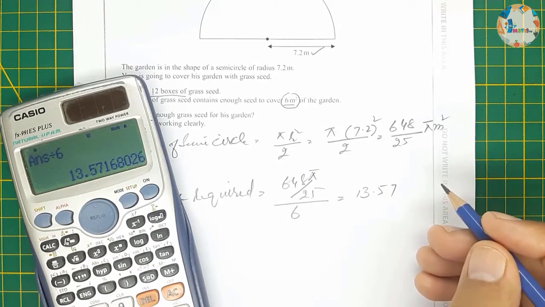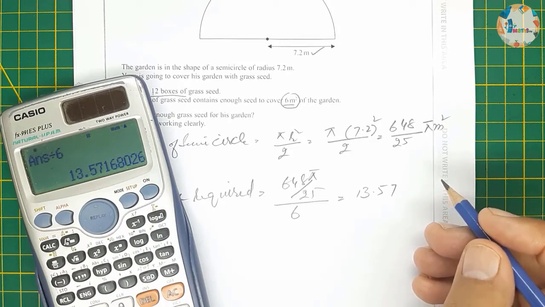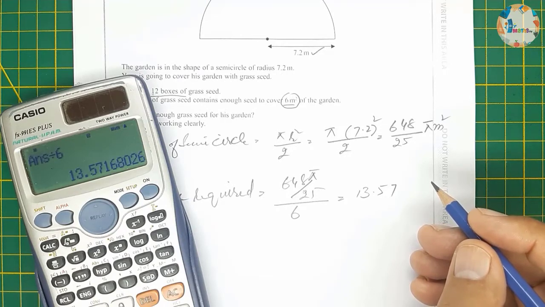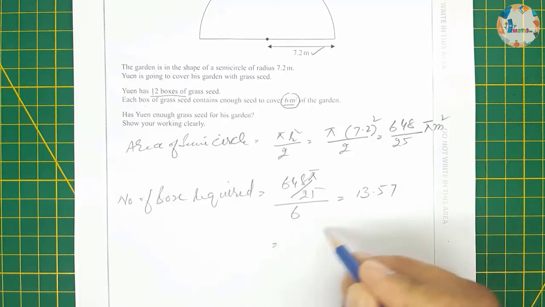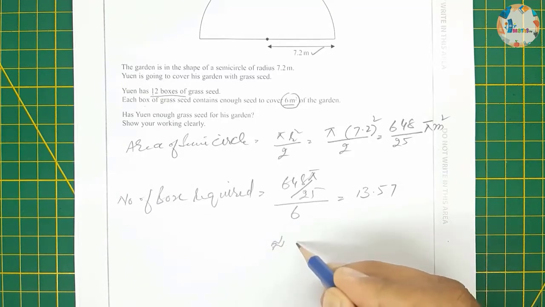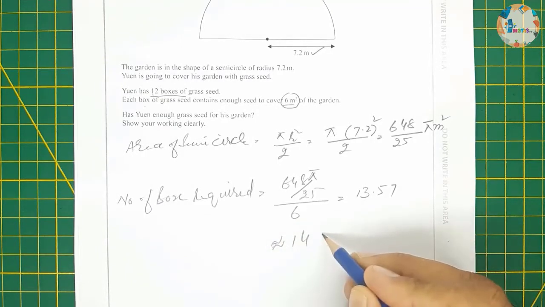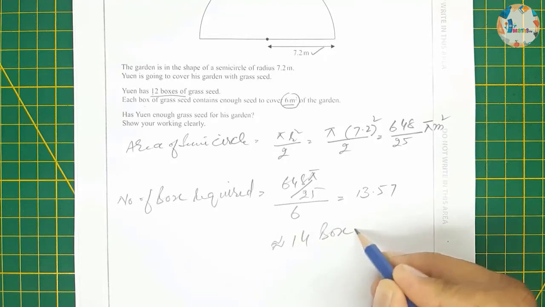So 13.57 means we cannot buy 13 point something, so we'll have to buy complete boxes, so it should be rounded. We can write approximately equal to 14 boxes.